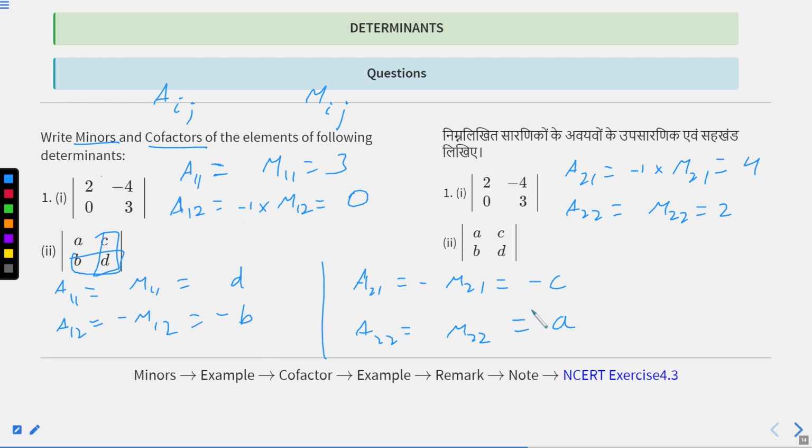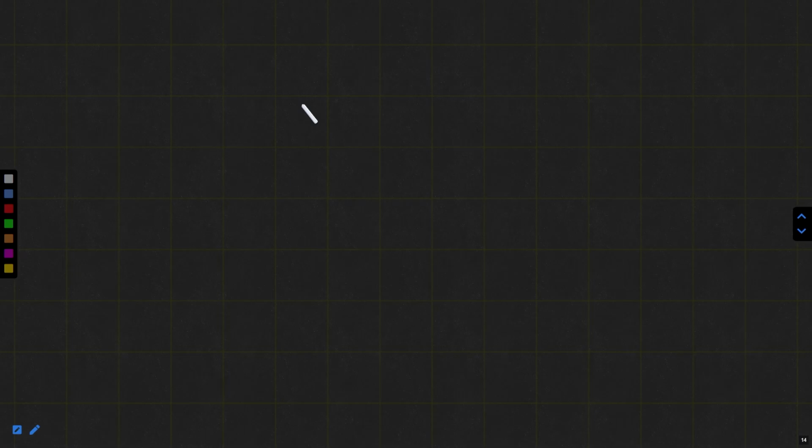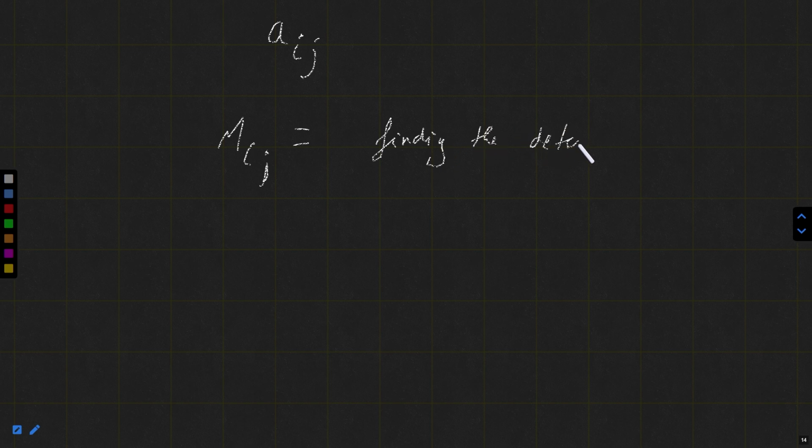Okay, easy to find. So what we used: if you have a position Aij, then its minor you will get by finding the determinant after eliminating the ith row and jth column.